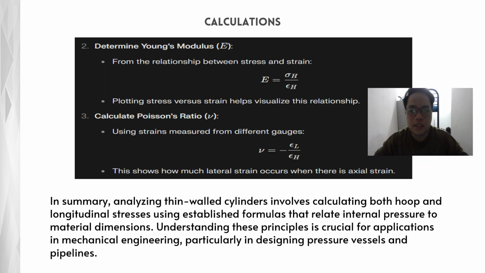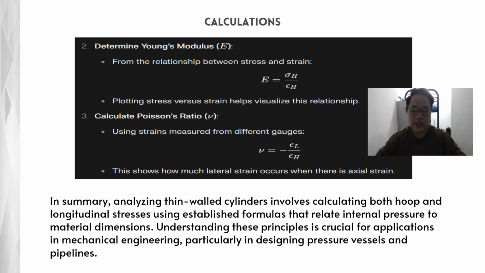Second calculation is to determine the Young's modulus from the relationship between stress and strain. Then plotting stress versus strain helps visualize the relationship. The last one is to calculate Poisson's ratio using strain measured from different gauges. This shows how much lateral strain occurs when there is axial strain.